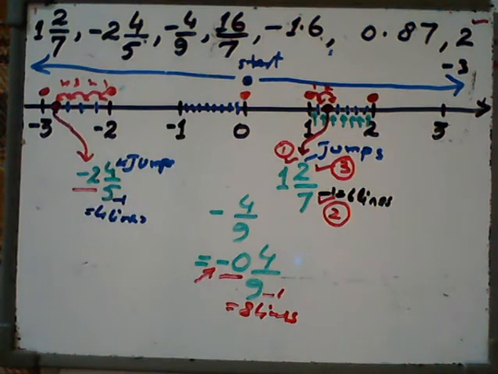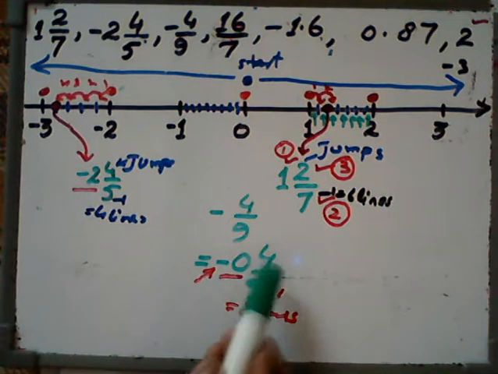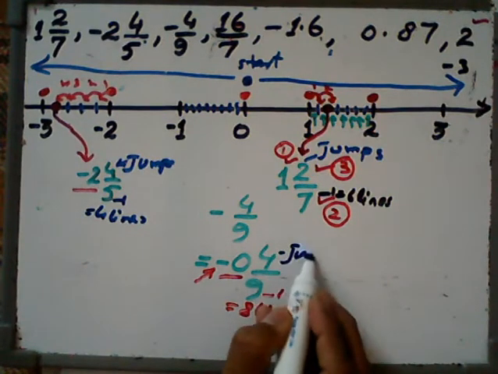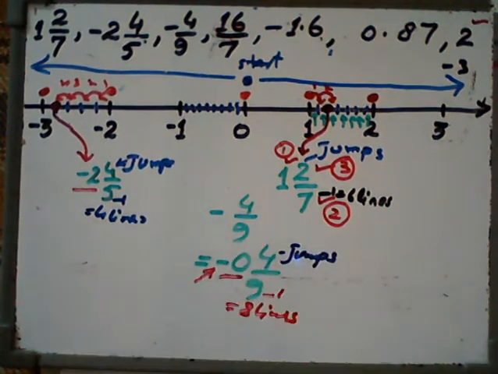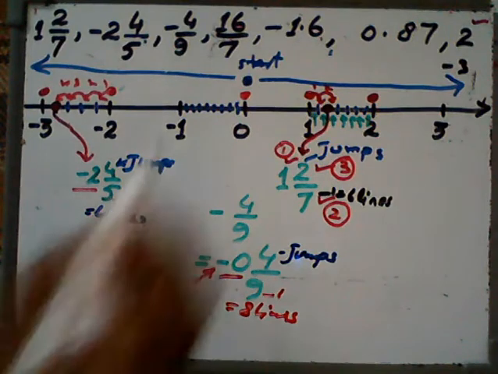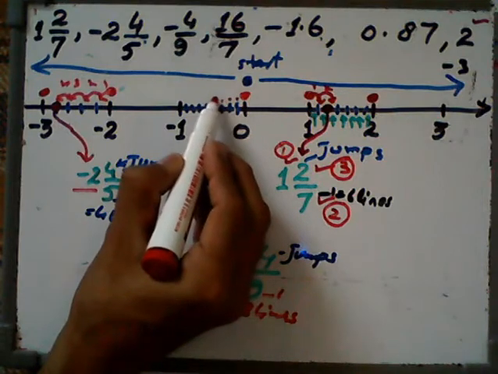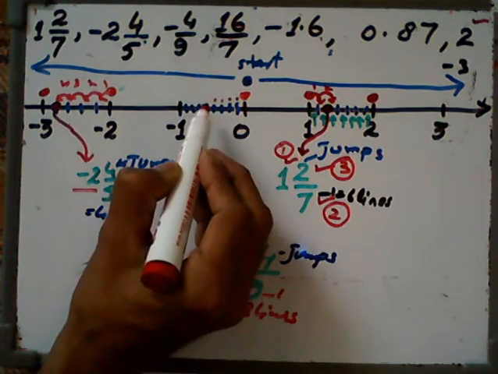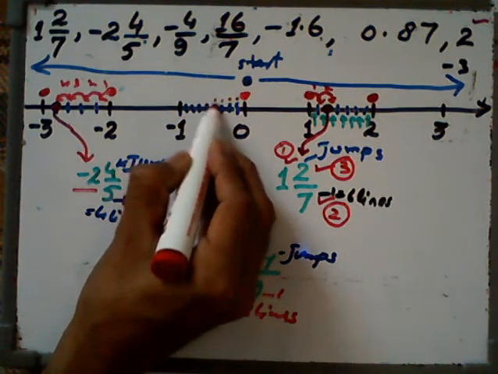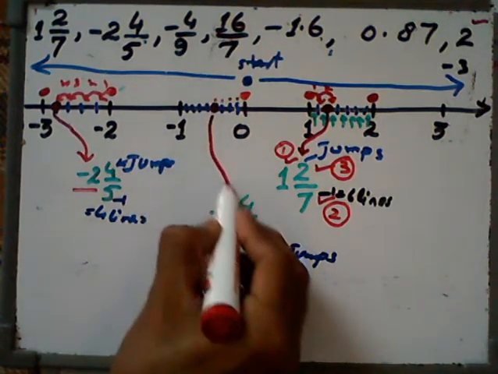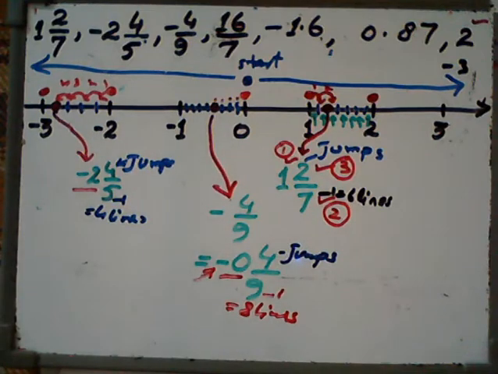Now we go to 4, which says the number of jumps. This shows that there are 4 jumps: first jump, second jump, third jump and fourth jump. This fourth jump is our desired position on the number line, minus 4 by 9.